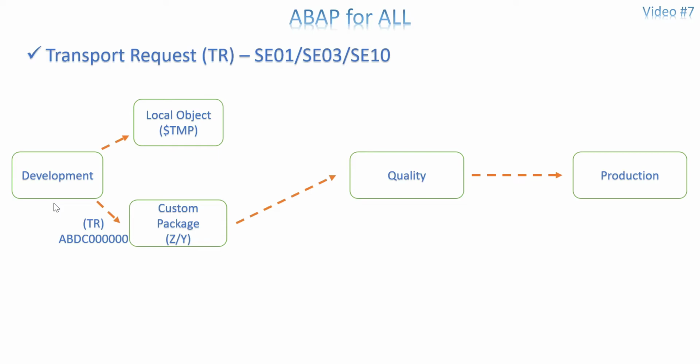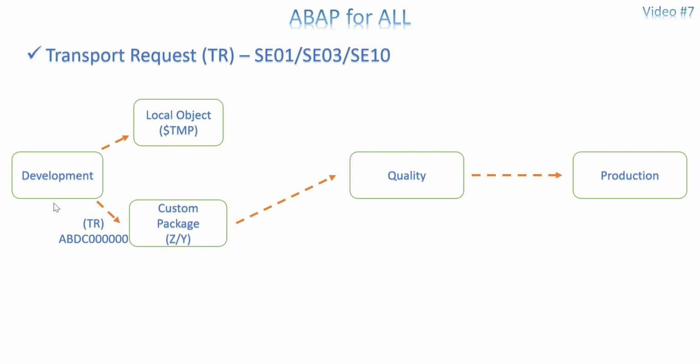So if you go to the program or any object and click save after the transport is released, it will ask for another transport number, because the request is released already, so it needs some other transport number. So we have to create it. That transport creation keeps on going. It depends on how critical the issues and changes are.